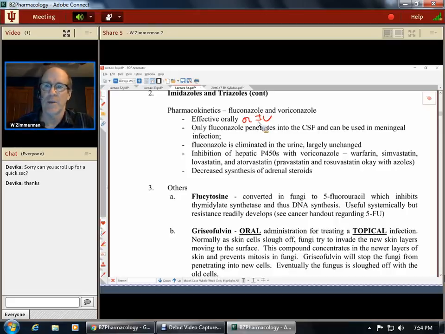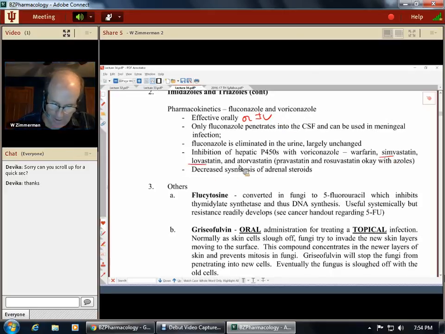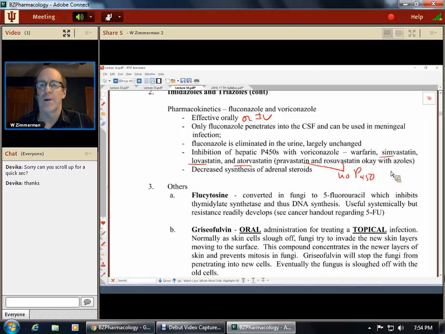It can really mess up warfarin, simvastatin, lovastatin, atorvastatin. Those are your cholesterol drugs that went through the P450 system. Pravastatin and rosuvastatin, no P450 interaction with those.